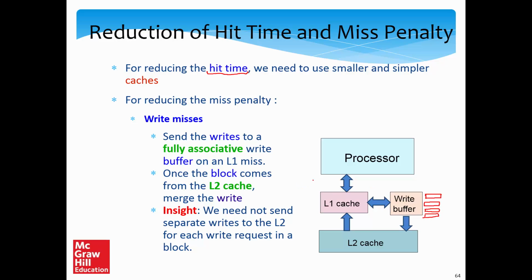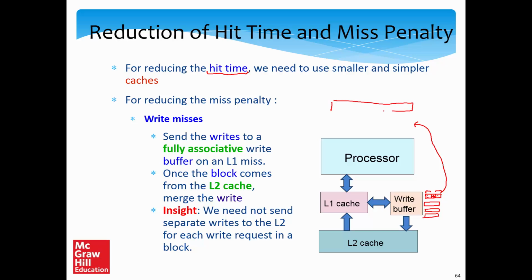So then we do a write. If you're writing 4 bytes, we write that part of it, but the rest of the block we don't know because the data has not been fetched. Once the data is fetched from the L2 cache, we populate the rest of the contents of the block. Also, at that same time, if another request comes, let me expand this, sort of put a magnifying glass.